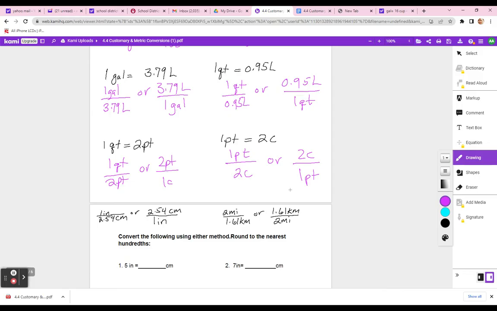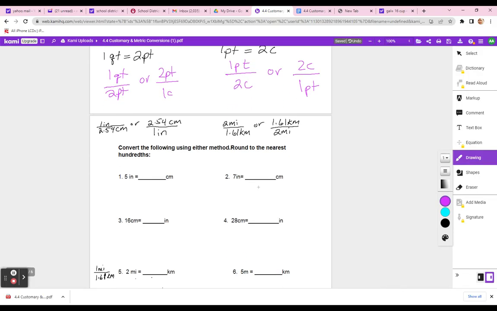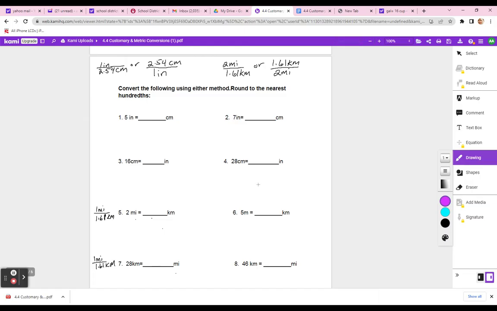All right, so let's go ahead and use these conversion factors to help us convert between units. All right, so our first conversion question is 5 inches. We want to convert 5 inches to centimeters. I do want to say this. When you're going from a large unit to a smaller unit, you're going to need to multiply.